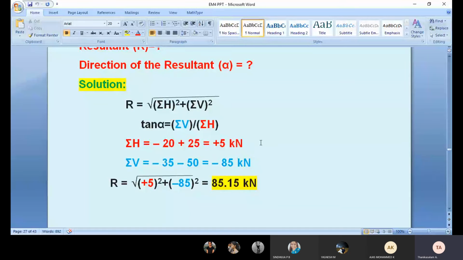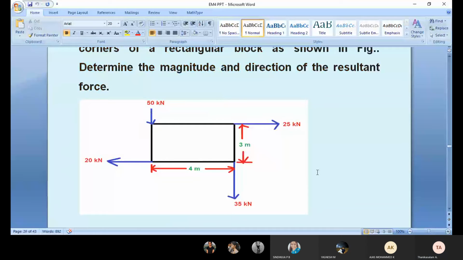Sindhuja, can you tell me the vertical forces, the vertical components? Okay, sir. First is plus 50 kilonewton, and second is minus 35 kilonewton. Is this correct? See the 50 kilonewton, see the arrow mark, which direction does it go? Downwards.